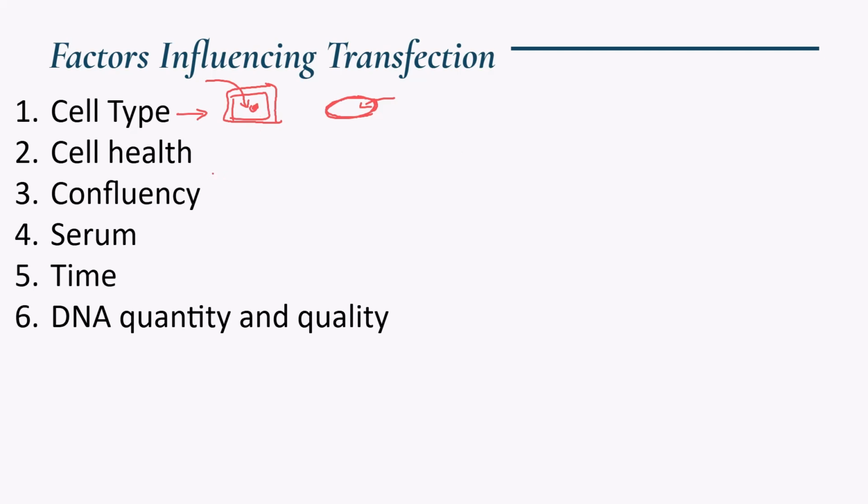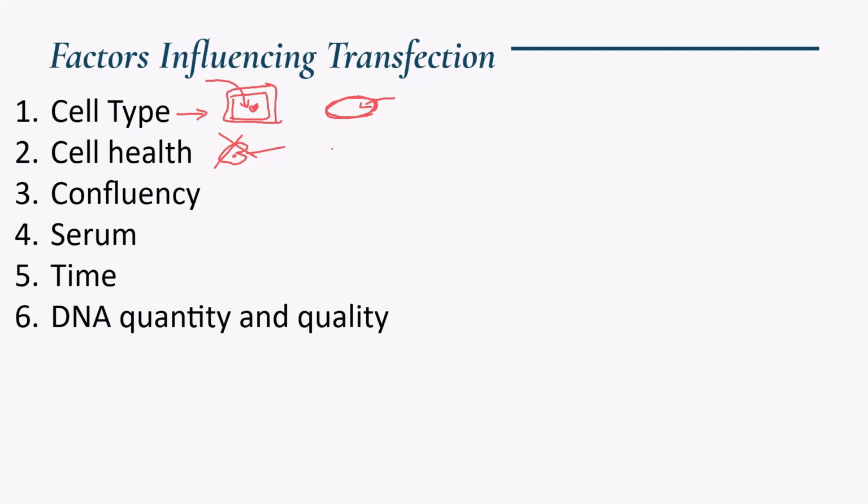Then cell health. Here the health of the cell is very determinant, because when we use different transfection methods, maybe chemicals or physical methods, if the cell is damaged or very weak, then the cells may get destroyed and we will not get the required outcome.